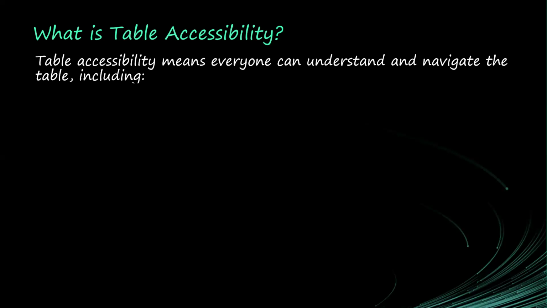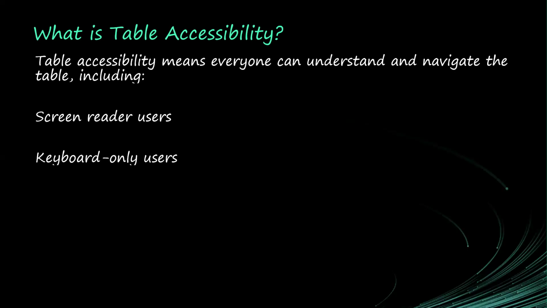Now, what is table accessibility? Table accessibility means that everyone can understand and navigate through your table. The table that you're creating, the table that you're designing, if that table is accessible, it means that everyone can understand it and navigate through the table. It includes screen reader users, keyboard only users.